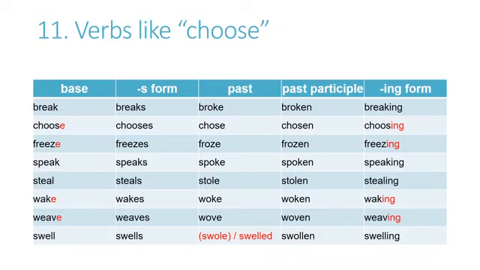It's what we call the silent E. When we add the -ing ending, we have to drop the silent E. That happens in words like choose to choosing, freeze to freezing, wake to waking, and weave to weaving, where the final E in the base form is dropped before the -ing ending is added.